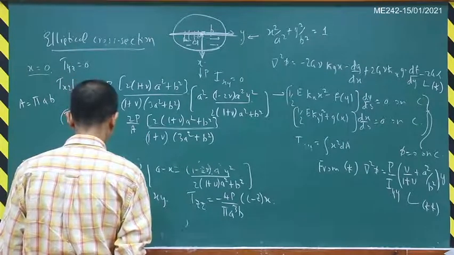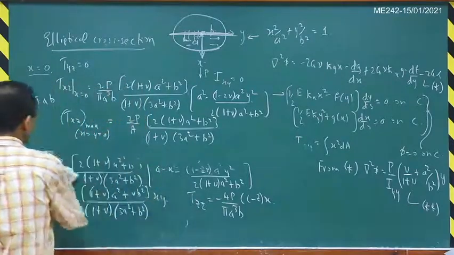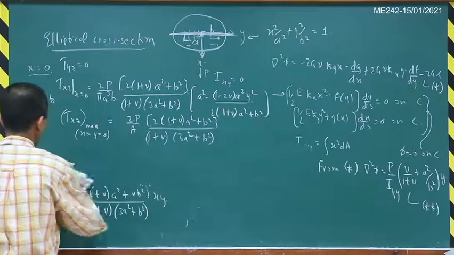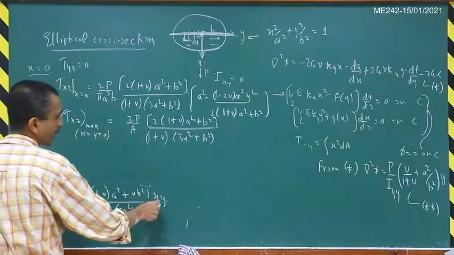Then what about tau yz max? Let us now find what is tau yz max, this particular portion here. In order to find tau yz max, we need to find what is xy max.